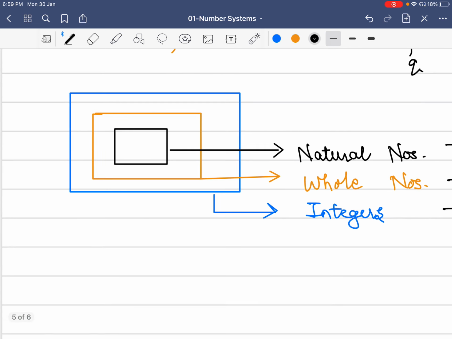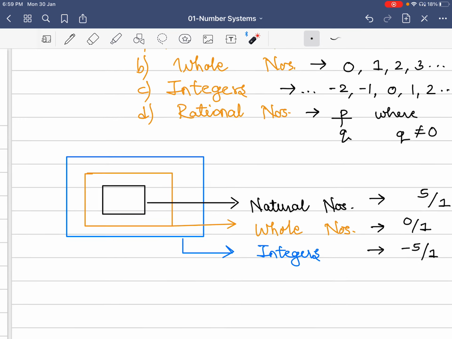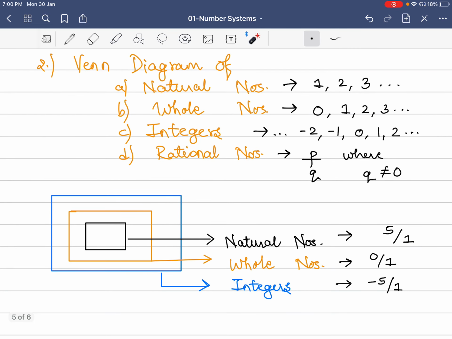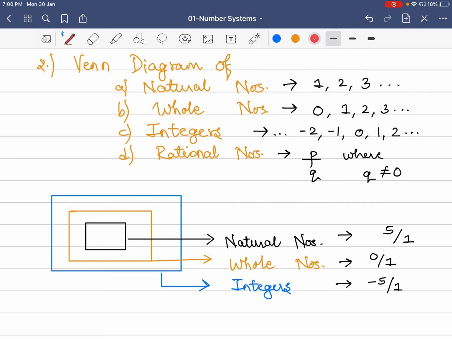Which means that the rational numbers are going to be a bigger set in this Venn diagram. So I'm going to use a different color for rational numbers. Rational numbers are going to be something like this.